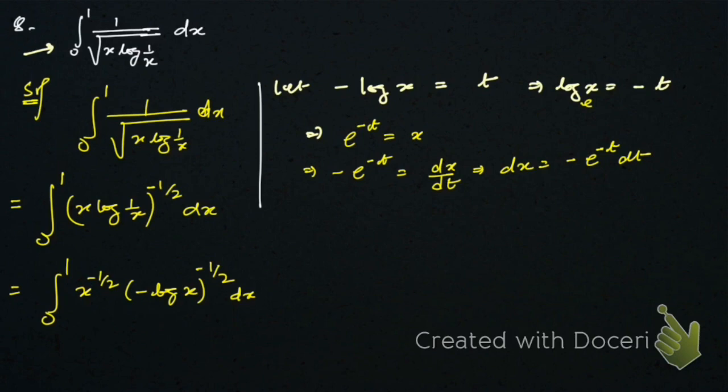with these results, that minus log of x replaced by t, then x will be replaced by e to the power minus t. Then what happens? Now consider these things.